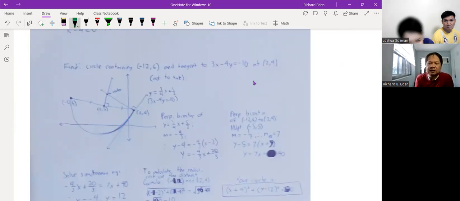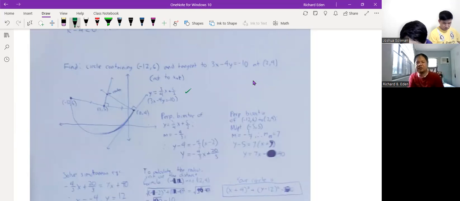So this is the equation. Now this line, this tangent, has equivalent form y equals 3/4 x plus 5 halves. So the slope is 3/4. So you took the slope negative 4/3.